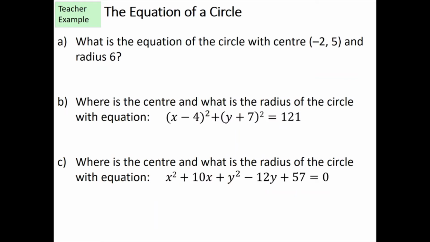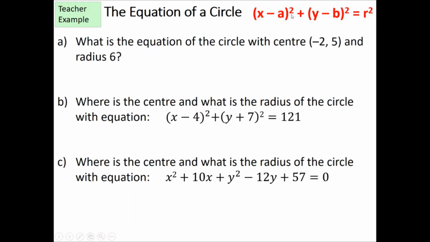So we will go through these three examples. On the first one, we're looking for the equation of this circle with the center minus 2, 5 and a radius of 6. So if I compare this to the equation that we've just looked at, x minus a squared plus y minus b squared equals r squared. First, for the center, remember what we need is the opposite value to the coordinates in the center.